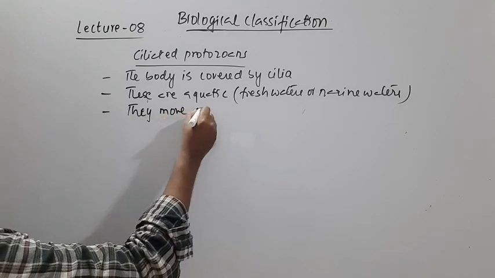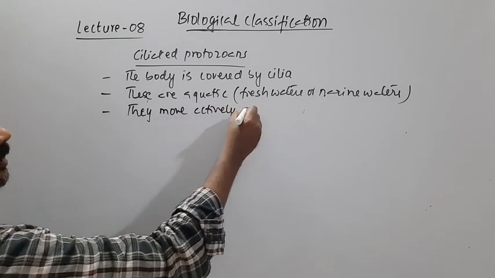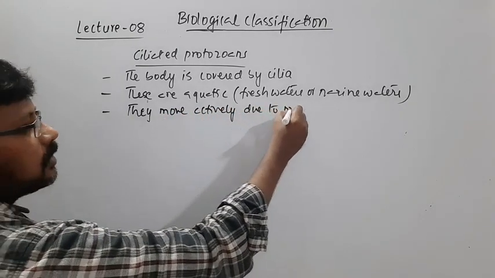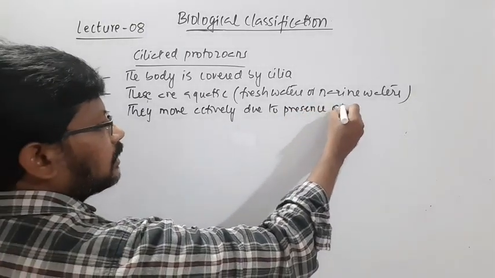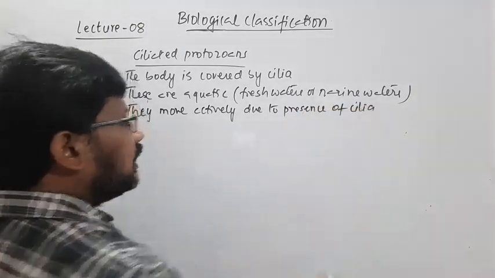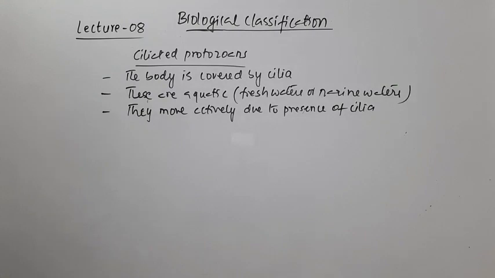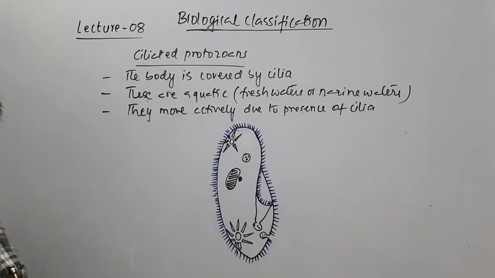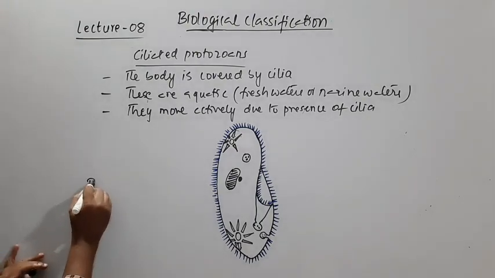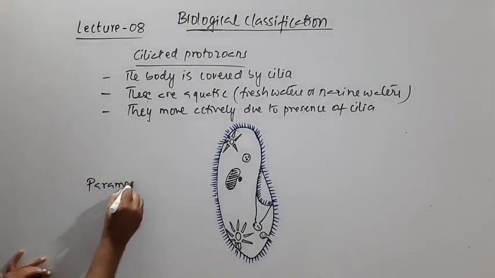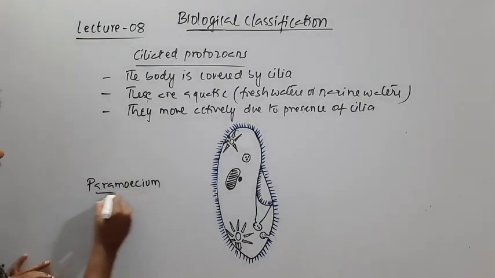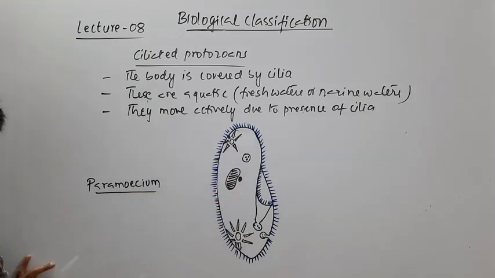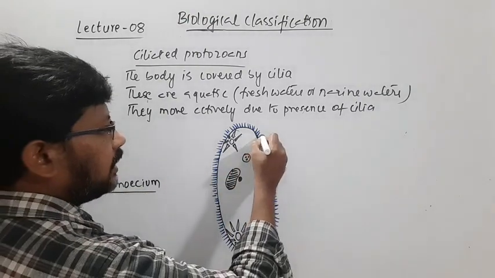There will be thousands of cilia that will cover the whole body. Here I have drawn the diagram of Paramecium. You can see the whole body is covered by cilia.